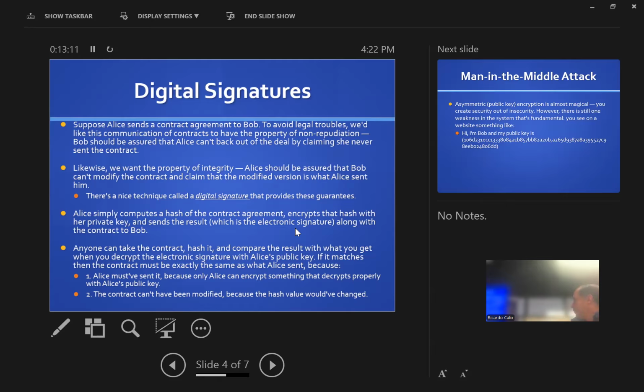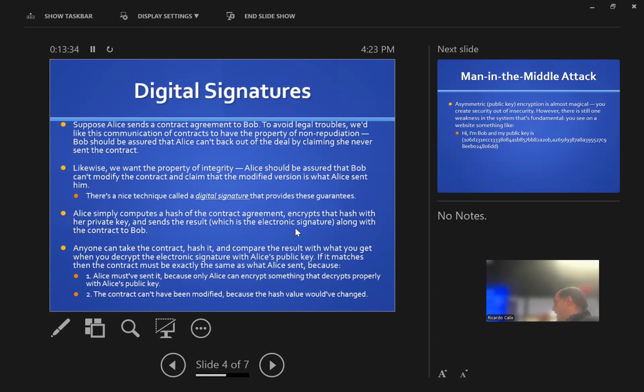Okay. So if what you get when you decrypt the electronic signature with Alice's public key matches, then the contract must be exactly the same as what Alice sent, because Alice must have sent it, because only Alice can encrypt something that decrypts properly with Alice's public key.